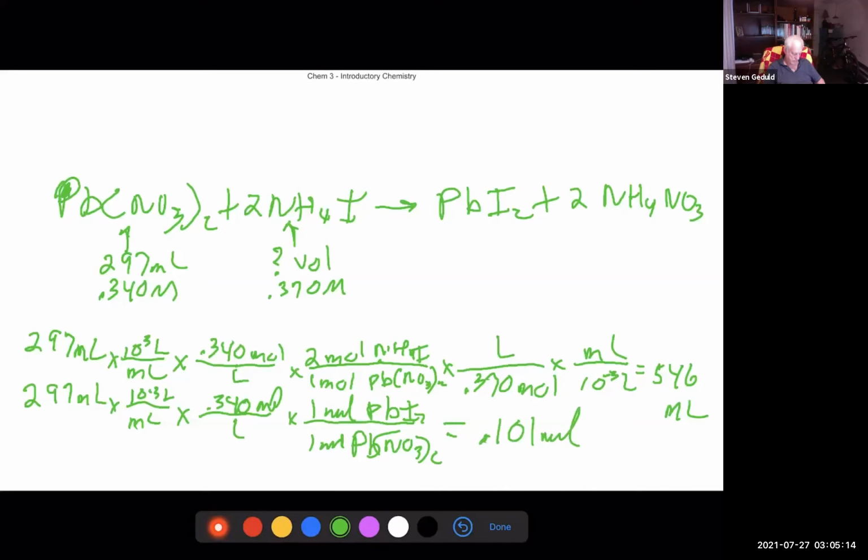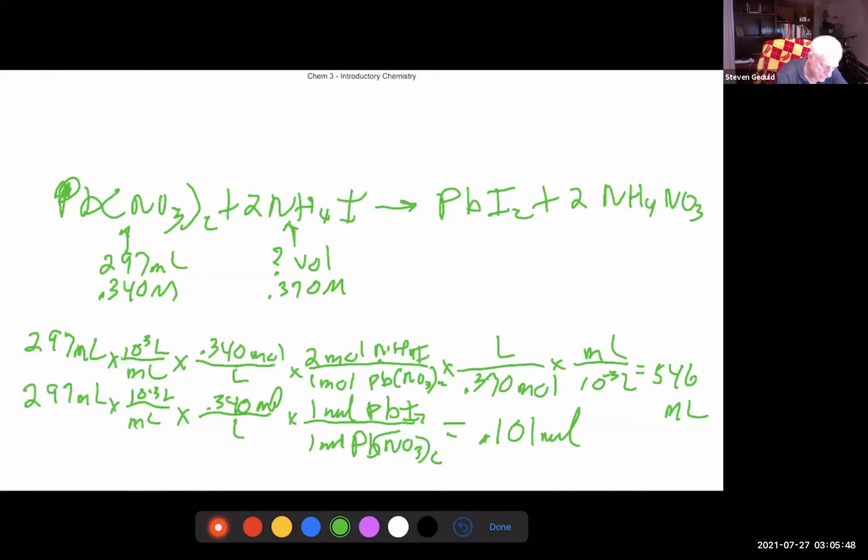Okay, one more here. A solution of sodium chloride is slowly added to a solution of lead nitrate.